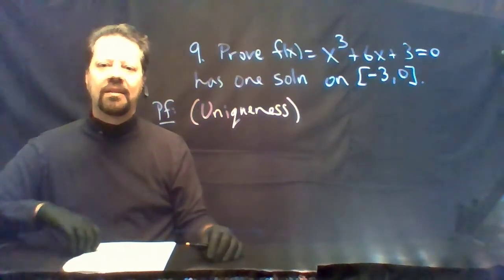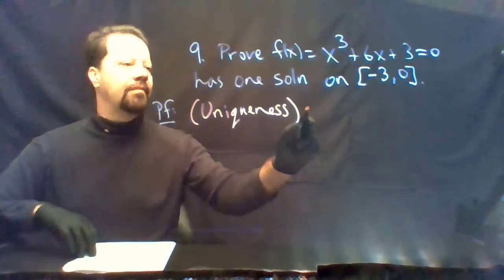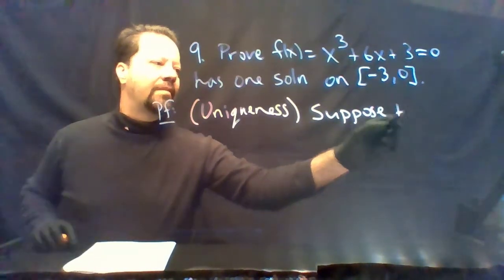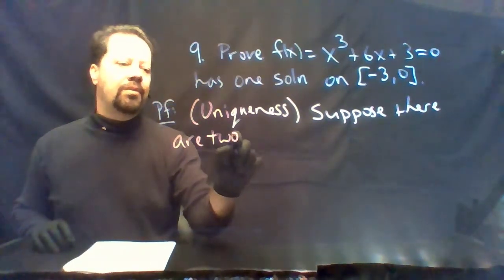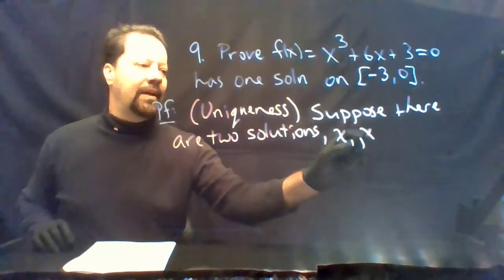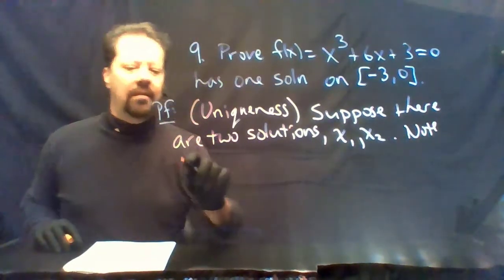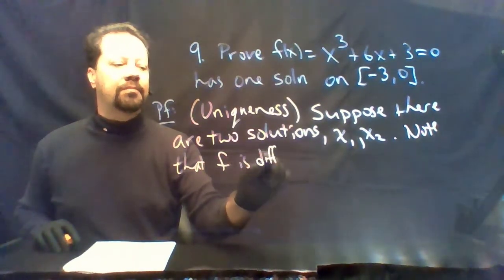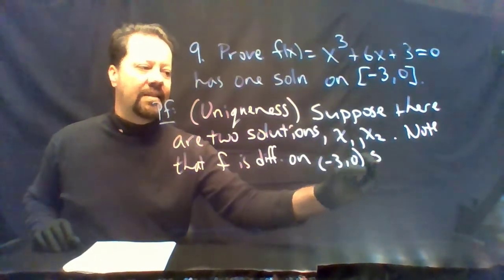In this part, we do a kind of reductio ad absurdum method, a proof by contradiction. Suppose there are two solutions, x1 and x2. Note that f is differentiable on the interval -3 to 0, since it is a polynomial.